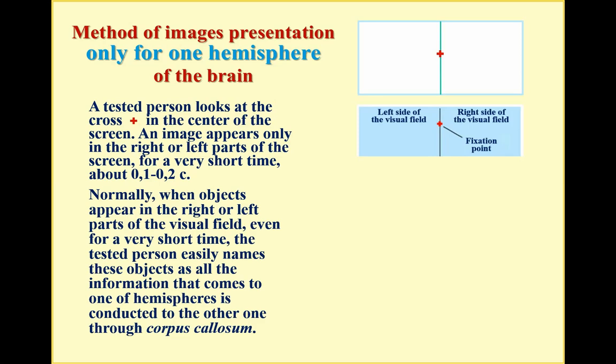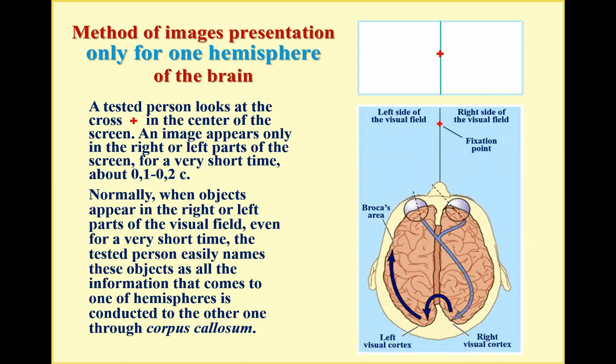A usual tested person can easily name these objects, because the information is available to both hemispheres in a healthy person. But with a divided brain, divided hemispheres, let's leave the object.